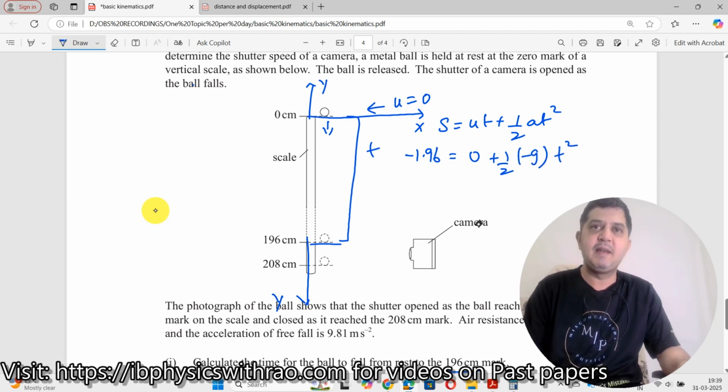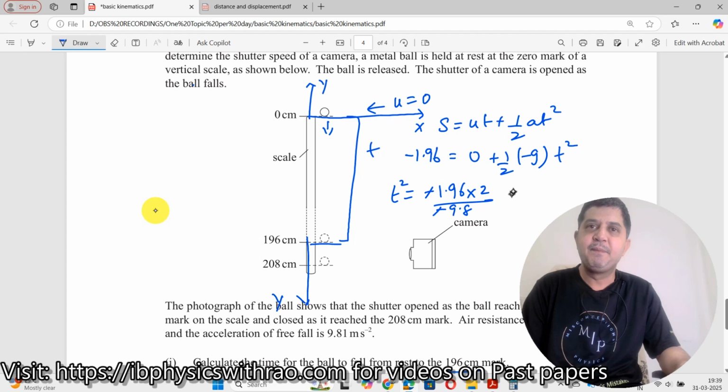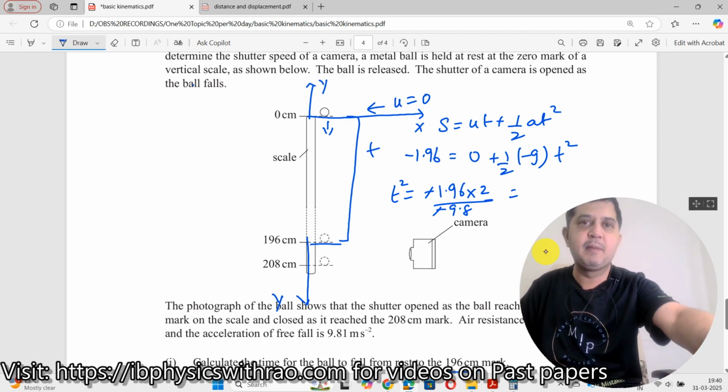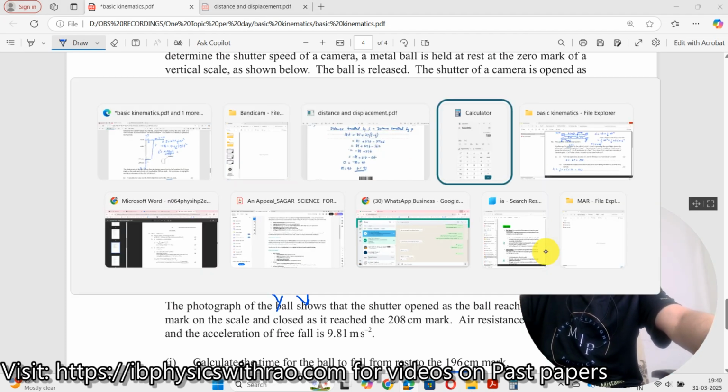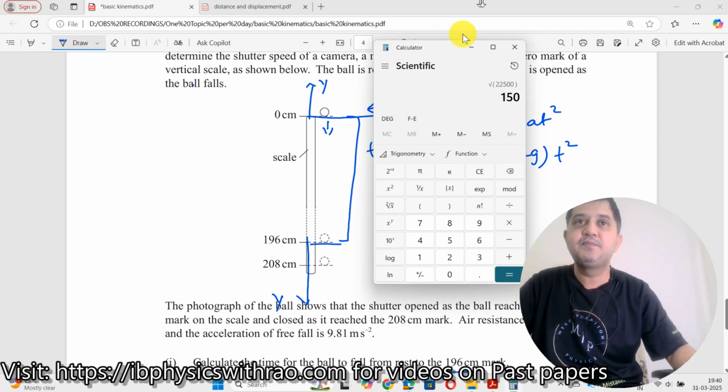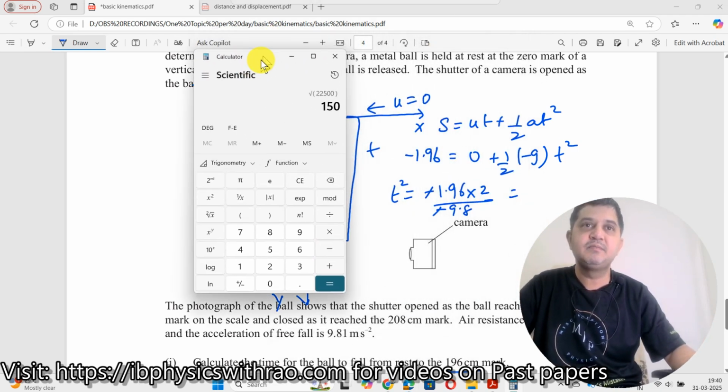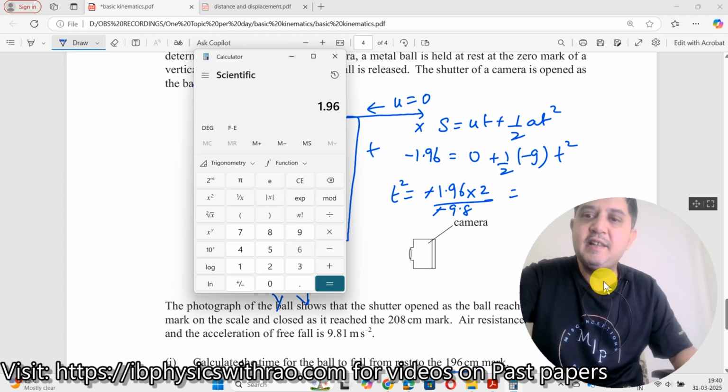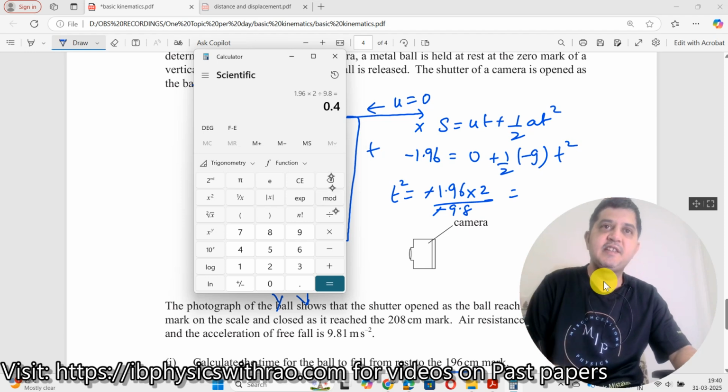I take g equal to 9.8, so that I can cross multiply this and get the value of t. Now t square is equal to minus 1.96 multiplied by 2 divided by minus 9.8. The minus and minus goes away, so I get 1.96 into 2 divided by 9.8. Let us calculate that value. 1.96 multiplied by 2 divided by 9.8 gives 0.4.